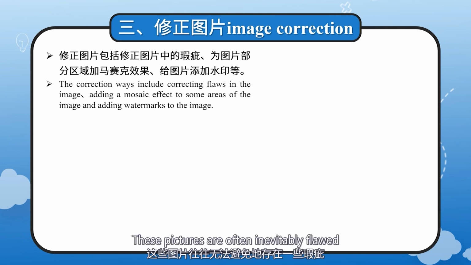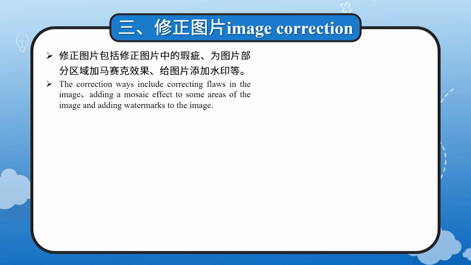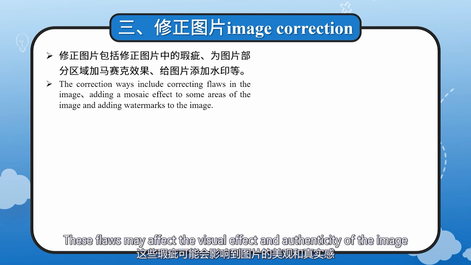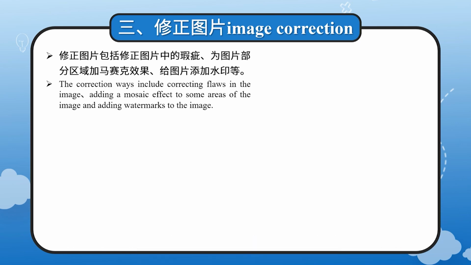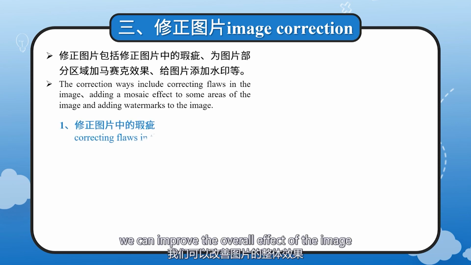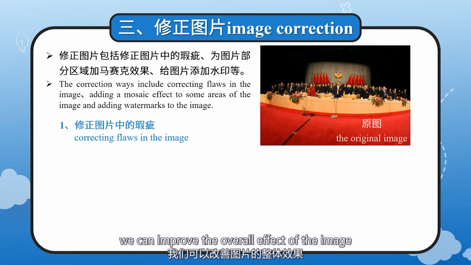These pictures are often inevitably flawed, such as uneven light, cluttered background. These flaws may affect the visual effect and authenticity of the image. Under the circumstances, by cropping the image, adjusting its brightness, contrast ratio, saturation, and other parameters, we can improve the overall effect of the image.